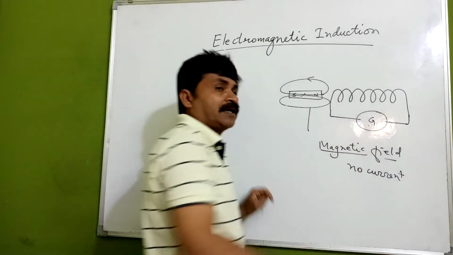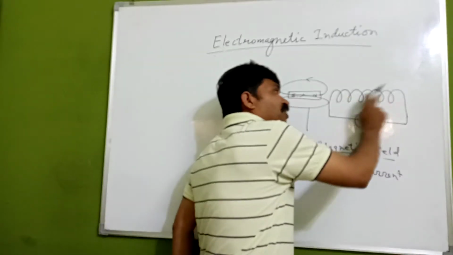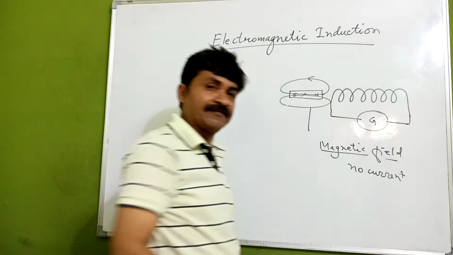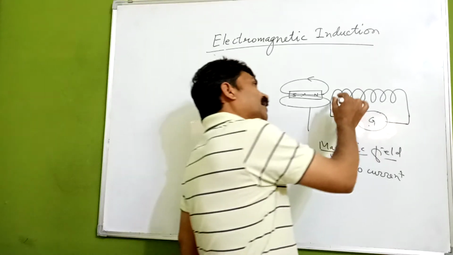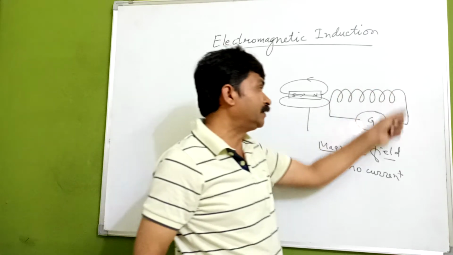Basically, the magnetic field lines which are changing with respect to time are creating an EMF inside it, and when there is an EMF it causes a current to flow in the coil.